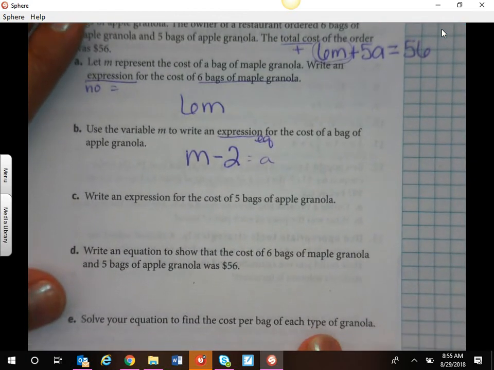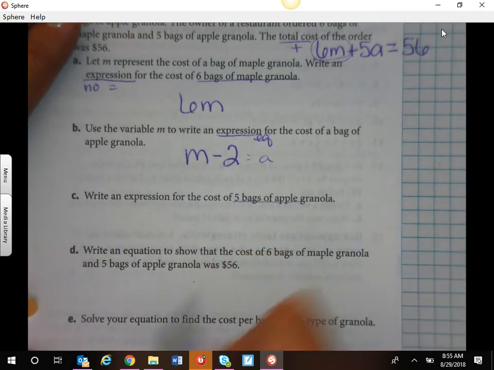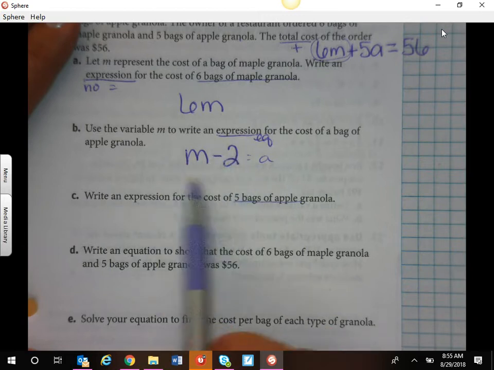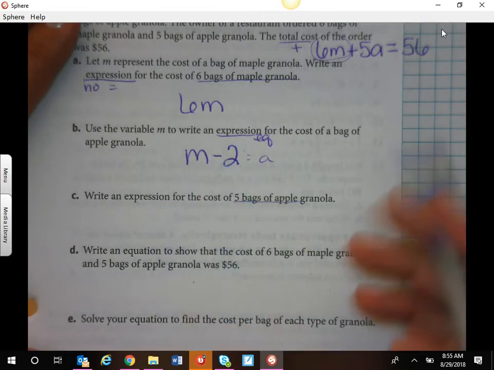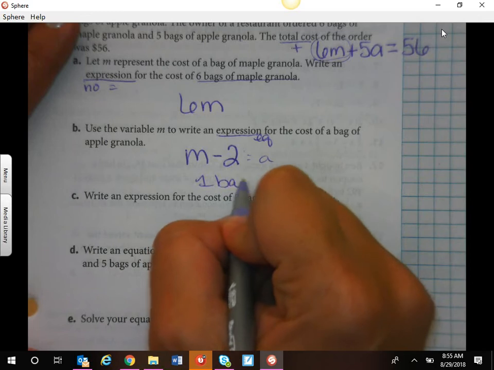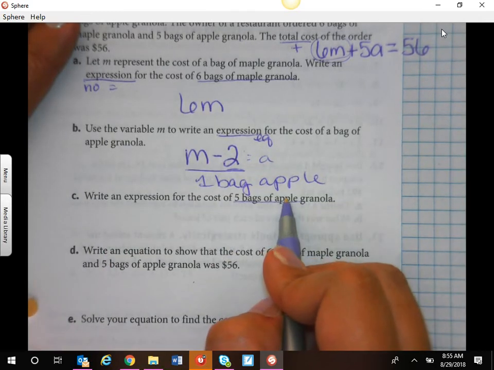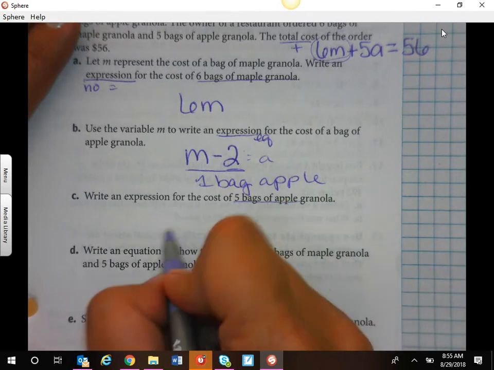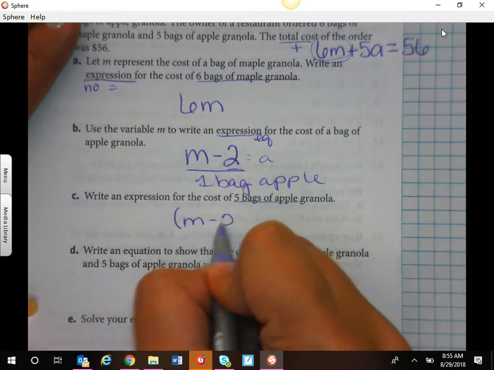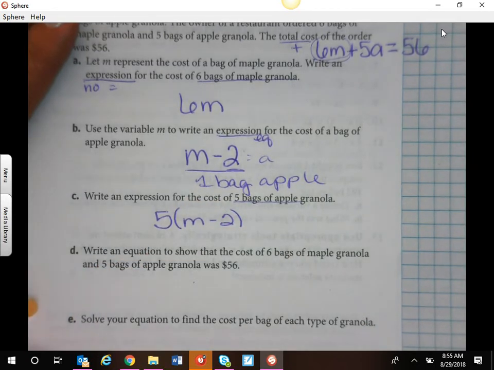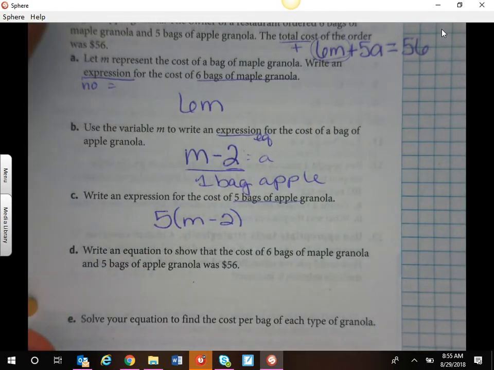Write an expression for the cost of 5 bags of apple. Okay, based on what we've written here, if this is the cost of a bag of apple, right here, and we want 5 of those, then I'm going to say here is 1 bag of apple, and I have 5 of them. And that's going to be where we see distributive property in real life.